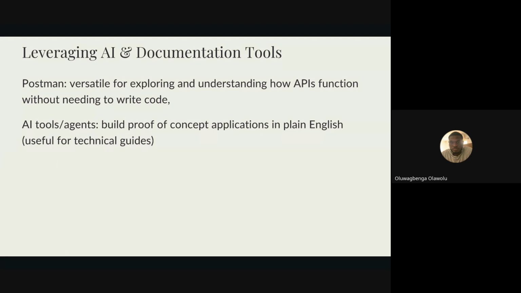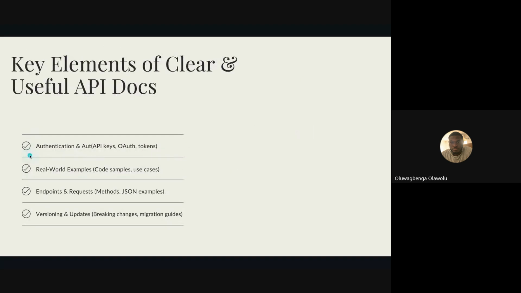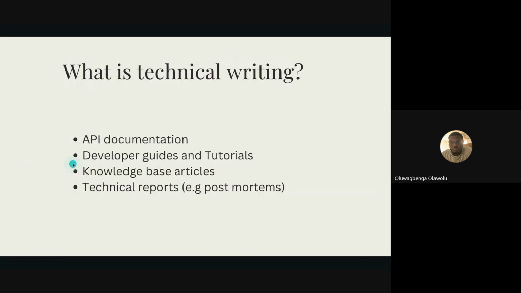Now, in my opinion, whatever code is spit out for you might not be good for production use, but that's not the point in this case. Like I mentioned, AI tools let you build proof of concept applications in plain English, which is useful for technical guides. If I go back to my previous slide, I mentioned developer guides and tutorials.